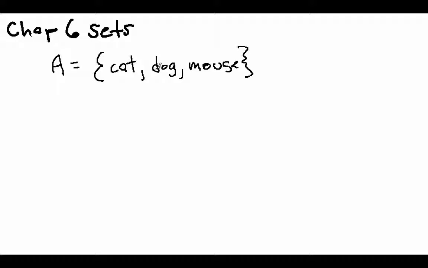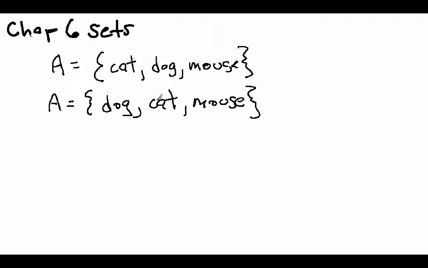First of all, these are called the elements of the set. And when we're specifying a set, the order of these things doesn't matter. So if I were to come over here and say A is equal to, okay, over here I've changed the position of cat and dog.